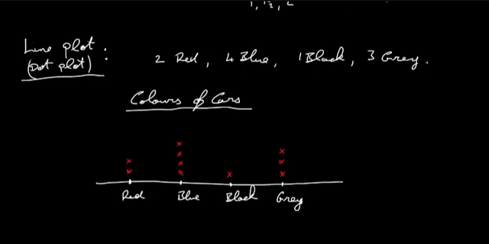Now, line plots are used generally for small amounts of data. You don't want to have, let's say, 100 or 1,000 or 10,000 gray cars. It's going to take you quite a while, and it's going to be a very big graph. So usually line plots or dot plots are used for small quantities, and we're also going to talk about using it for categorical data.